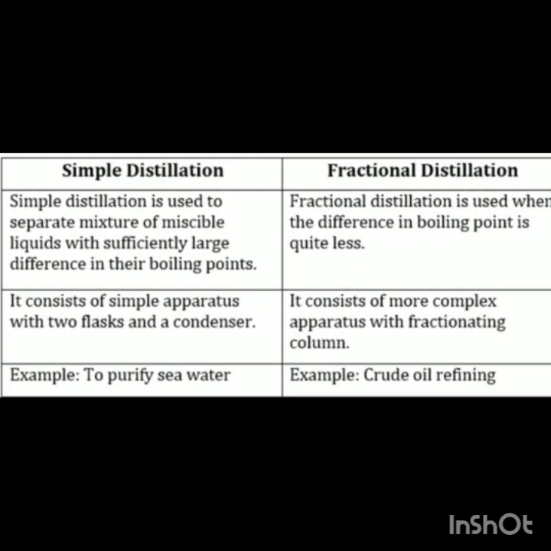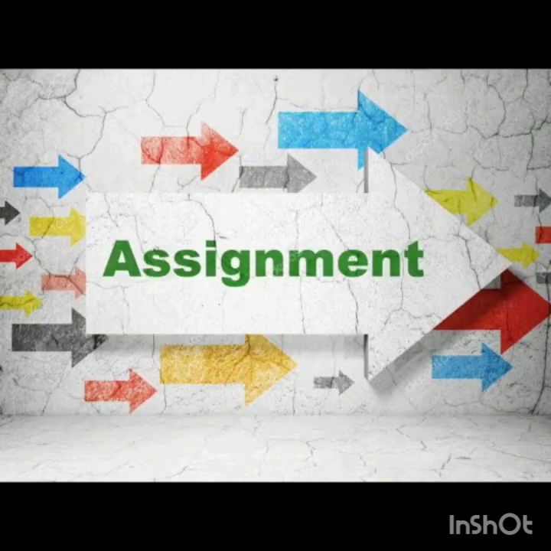In simple distillation, only simple apparatus like flask and condensers are used. But in fractional distillation, we need to use a fractionating column, which provides a large surface area for the vapors of liquid.